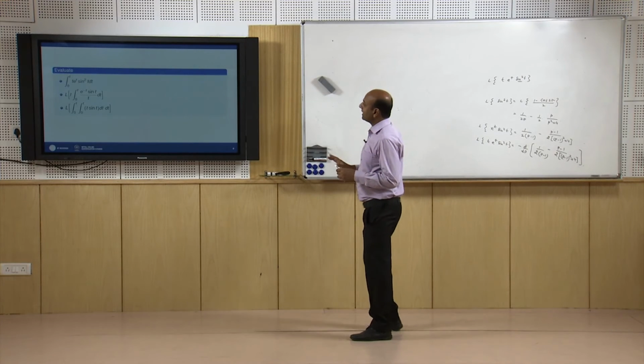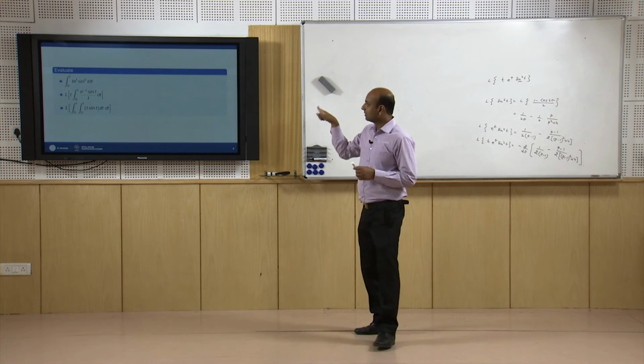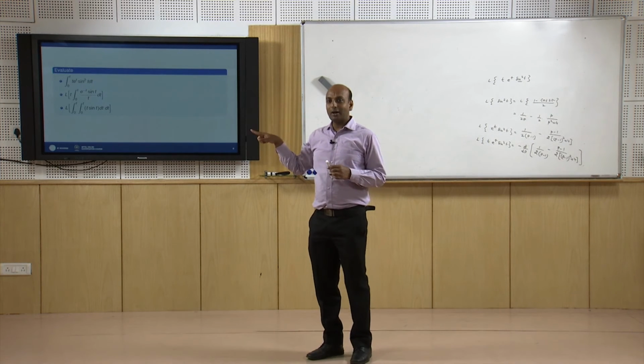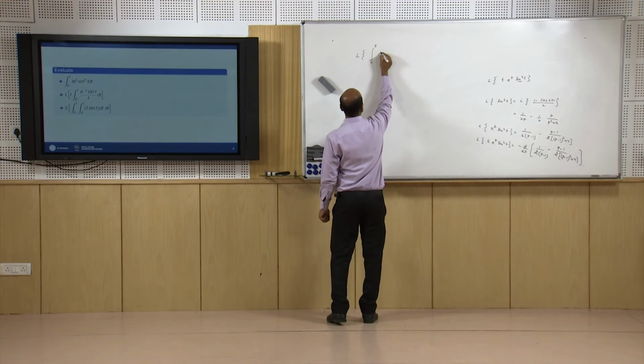So, first we will find Laplace transform of the integral part, and for t into f t we use minus of F dash p, that property. So, how to find Laplace of integral 0 to t of e to the power minus t sin t by t.